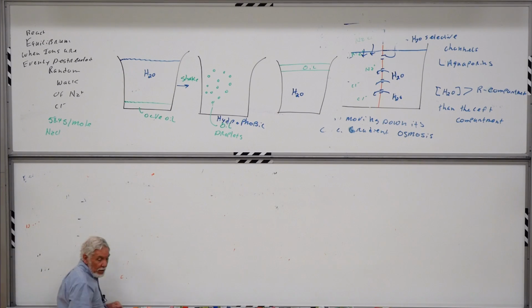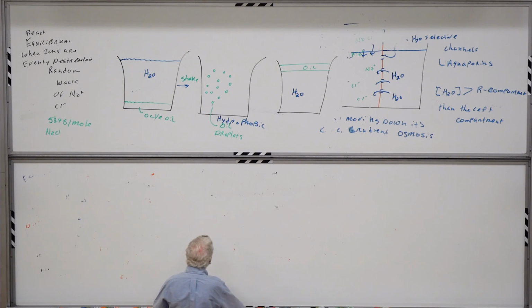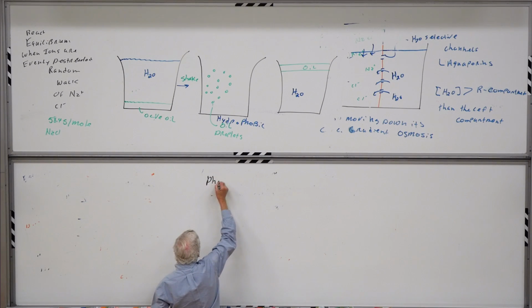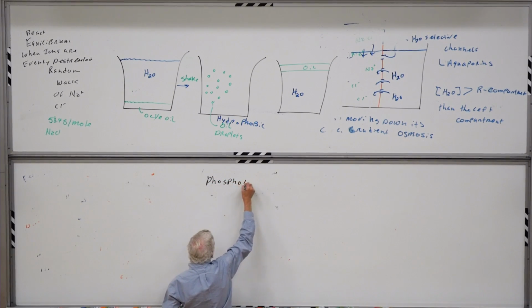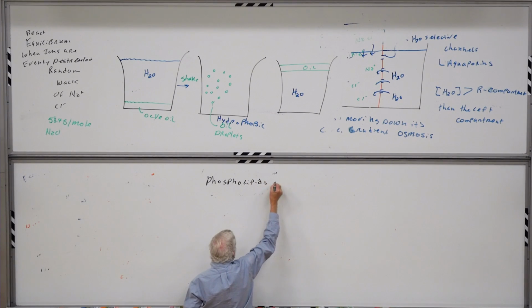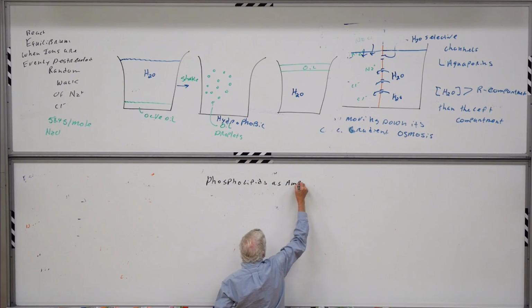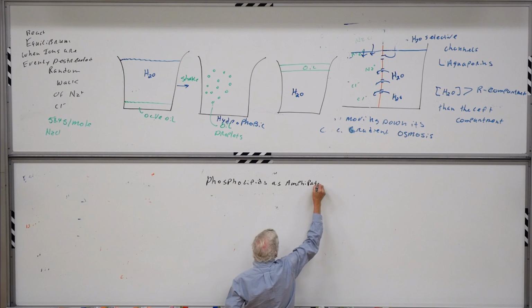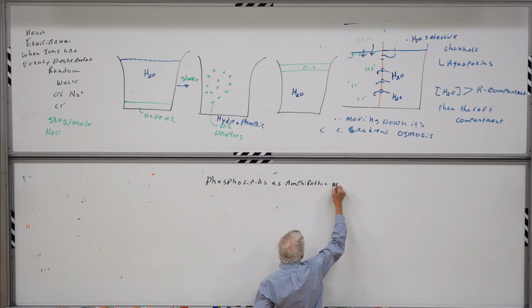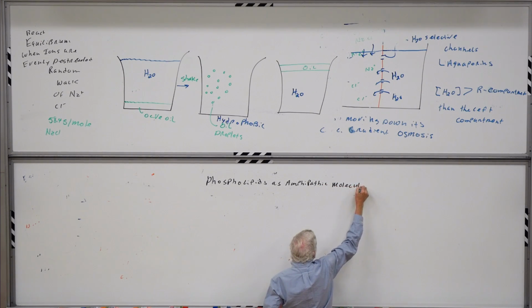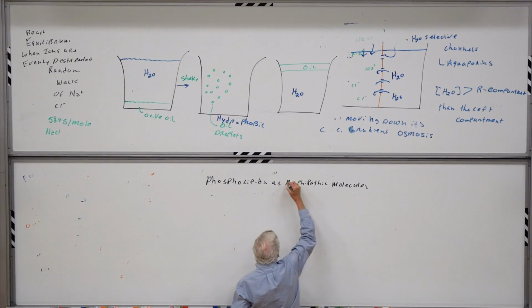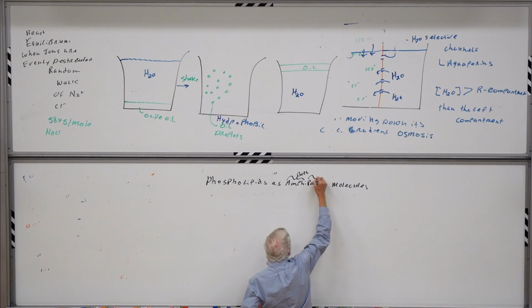We'll talk about phospholipids as amphipathic molecules. Again, amphi meaning both, pathic meaning feeling.